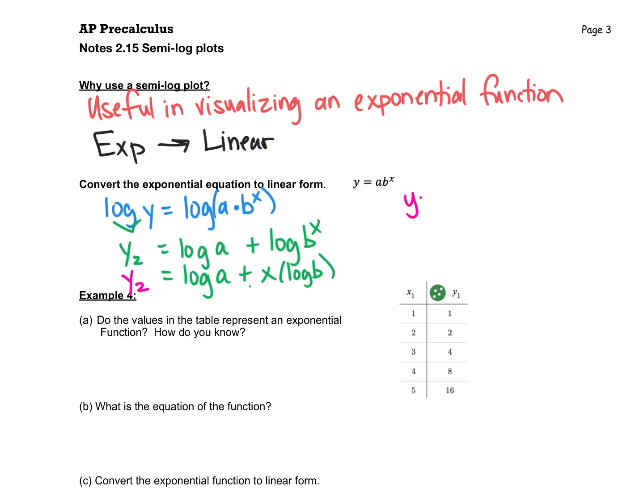My y-intercept is log a. My slope is log b. That's the same thing as if you're thinking linear, b plus mx.